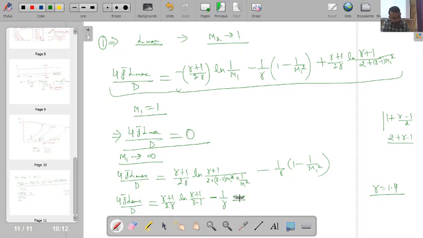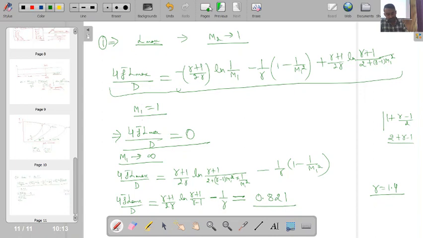Please tell me how much it is coming. Point 821. Okay, so I am getting from here this value equal to 0.821.